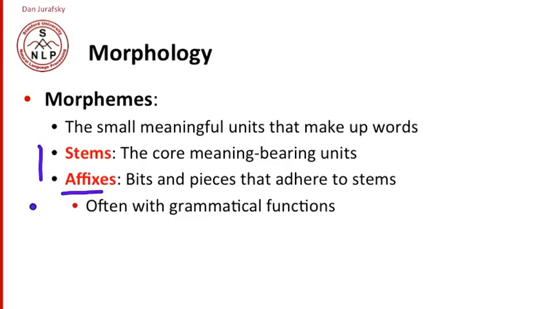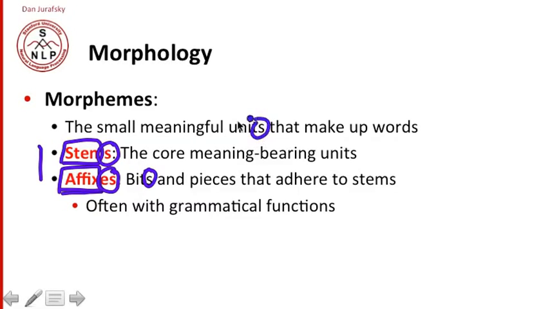Often they have grammatical functions. So on this particular slide, in fact, stem is a stem and s is an affix. The word affix, just to confuse us, is a stem, and there es is the affix. So there's an affix, there's an s, and there's an s, and meaning full, there's another affix, and so on.